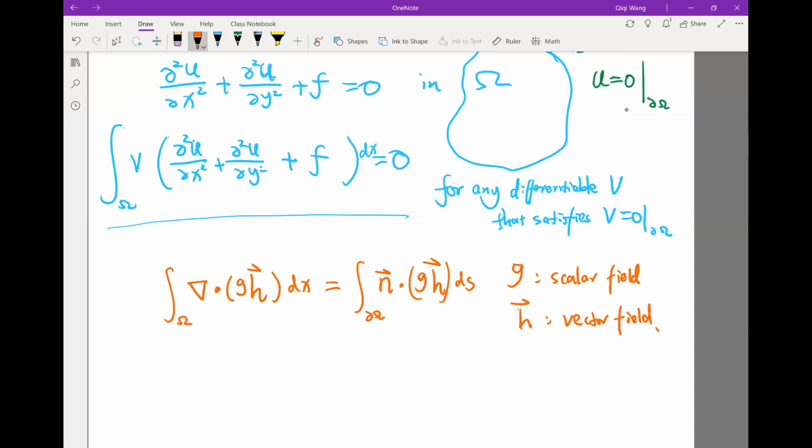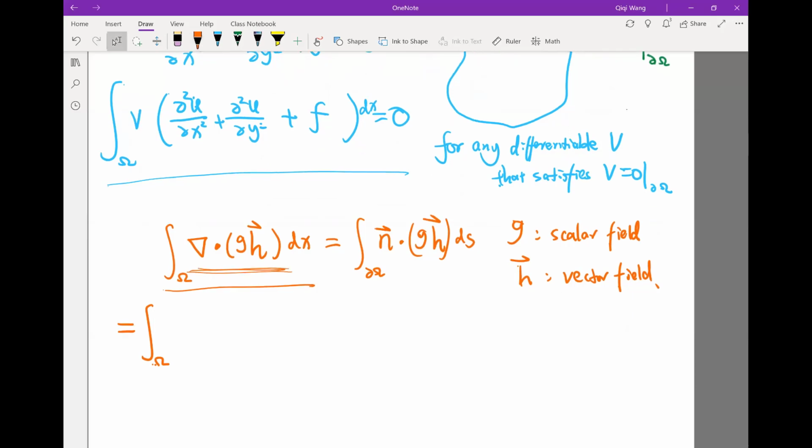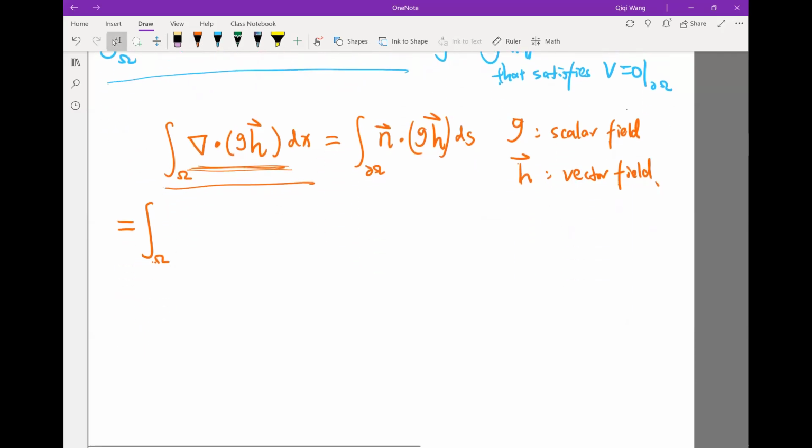Okay, so now we can try to expand this, right? If we expand this, what we get is, okay, if you are not familiar with vector calculus like this, a neat trick is the following: use Einstein's notation, right?